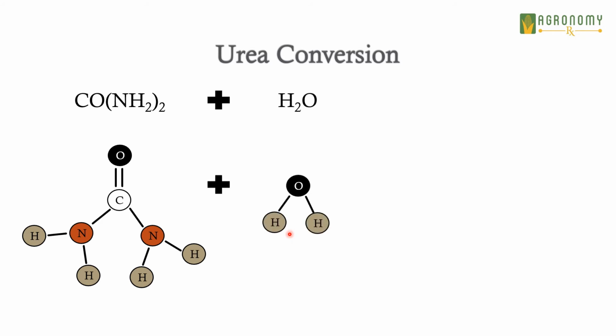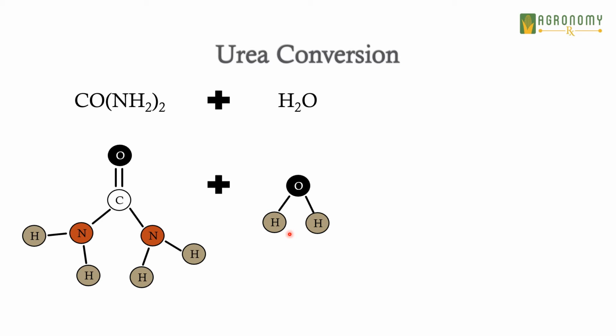So what happens when urea breaks down and converts into the plant available form? Generally speaking, it reacts with water, and there is an additional step in this process, but it really brings no significance to what we're discussing today. So I left that out to simplify things as much as possible, because it gets to the same result.